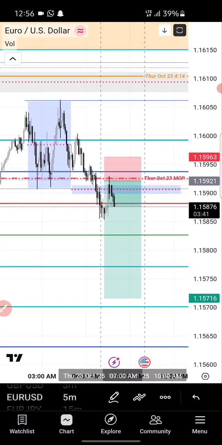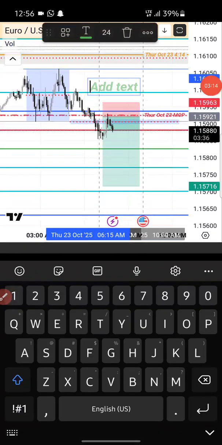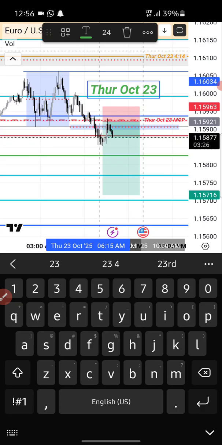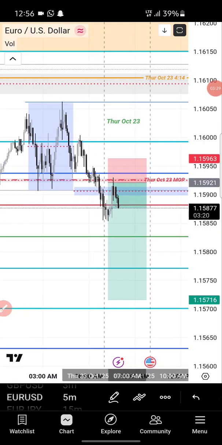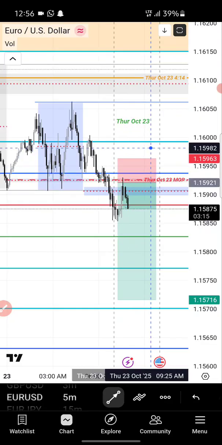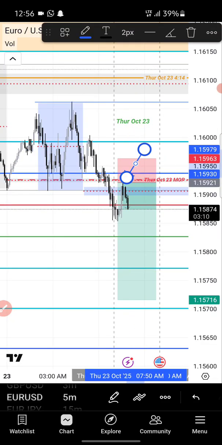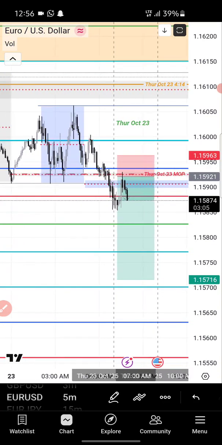And what do we see on Thursday, October 23? We see price respecting that fair value gap formed inside of the midnight opening price. So this setup is an A plus setup, and that's how we see price moving to the downside.